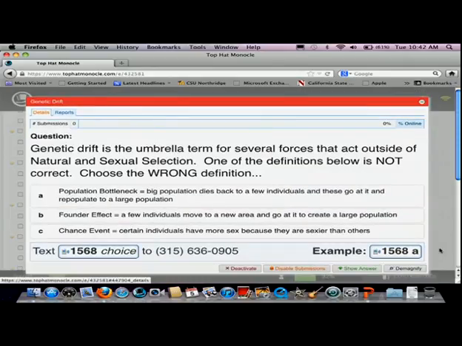Okay. Genetic drift is the umbrella term for several forces that act outside of natural and sexual selection. One of the definitions below is not correct. Choose the wrong definition.